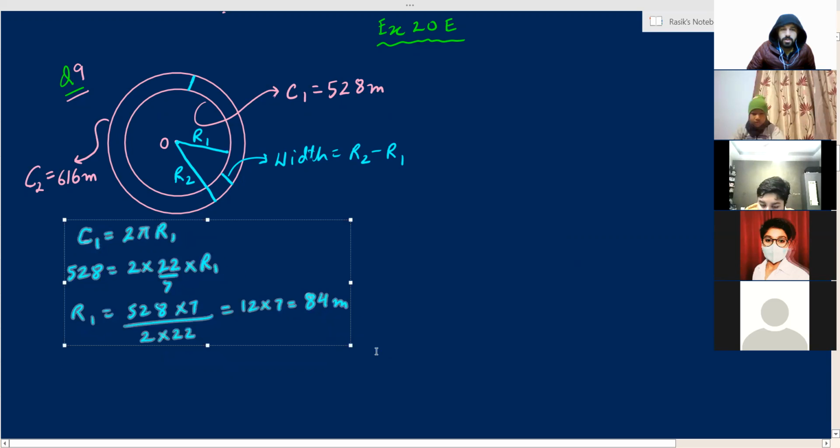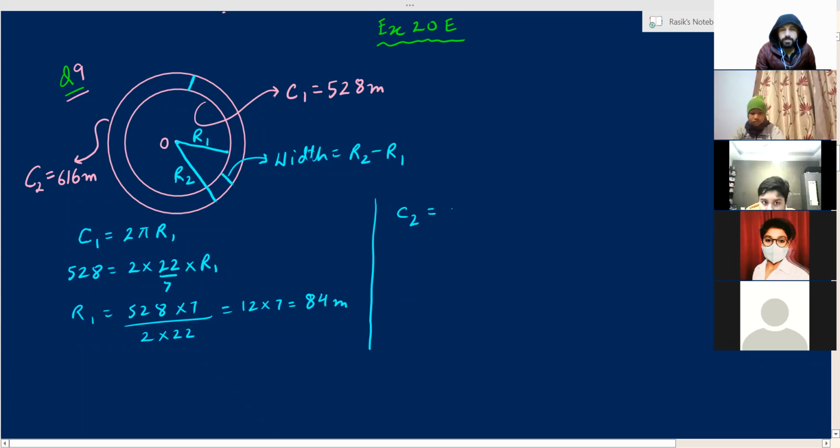Now let us find out the radius of the outer circle. For this we will use C2. C2 is equal to 2 pi R2. 616 equals 2 into 22 upon 7 into R2.